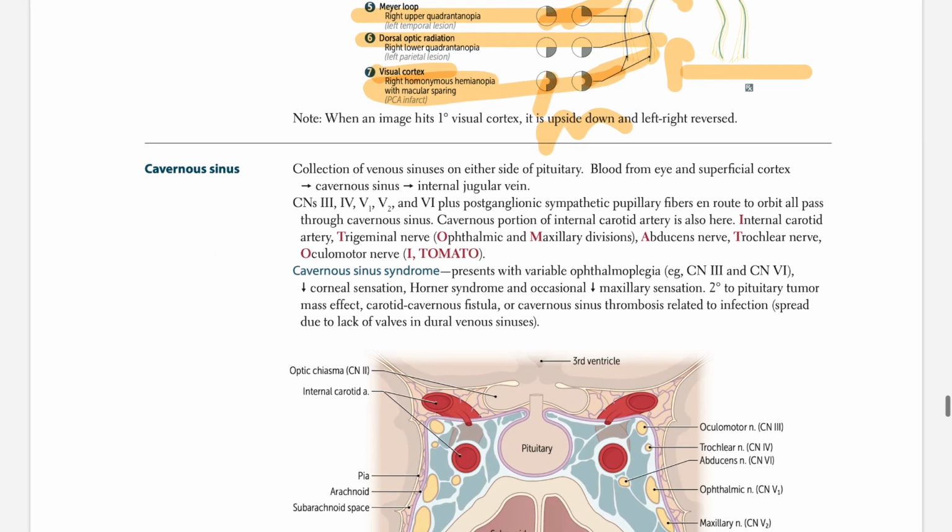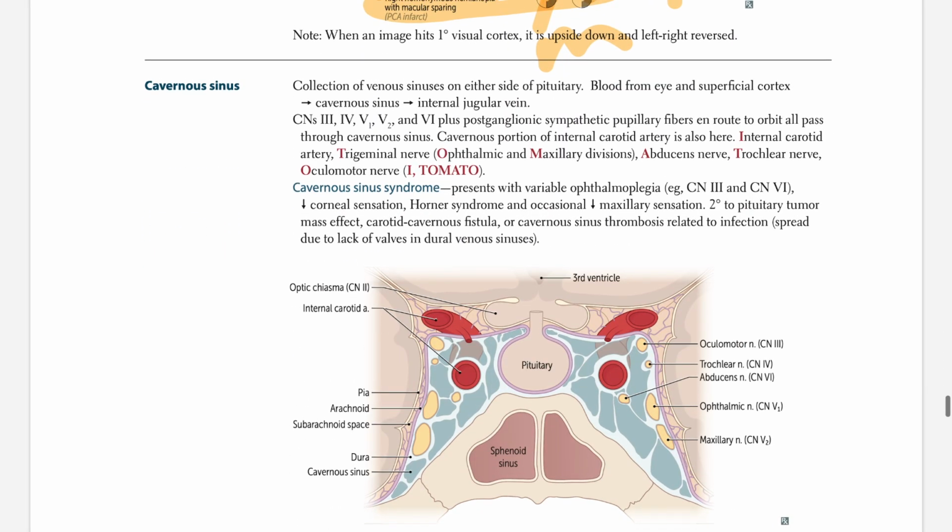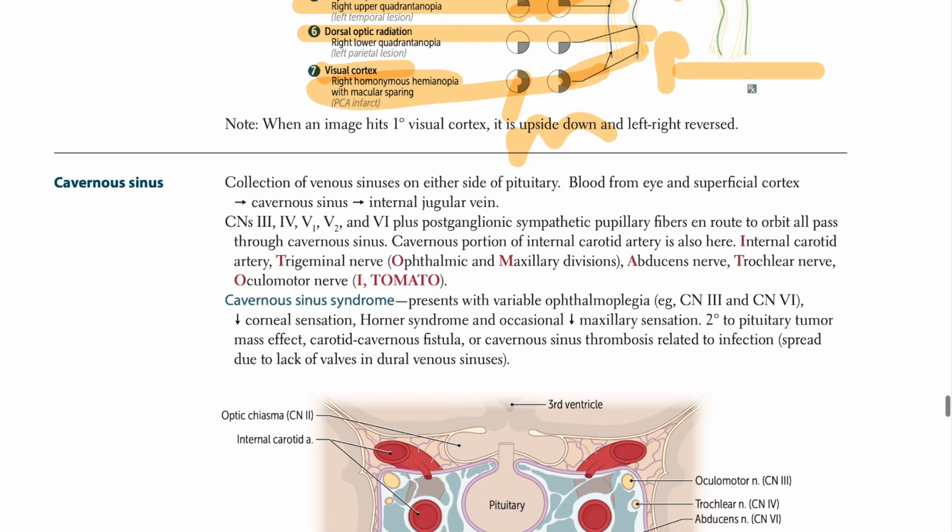Moving on, the next thing here is the cavernous sinus. What is cavernous sinus? Well, it's the collection of venous sinuses on either side of the pituitary. Blood from the eye and the superficial cortex leads to the cavernous sinus, which all drains into the internal jugular vein.